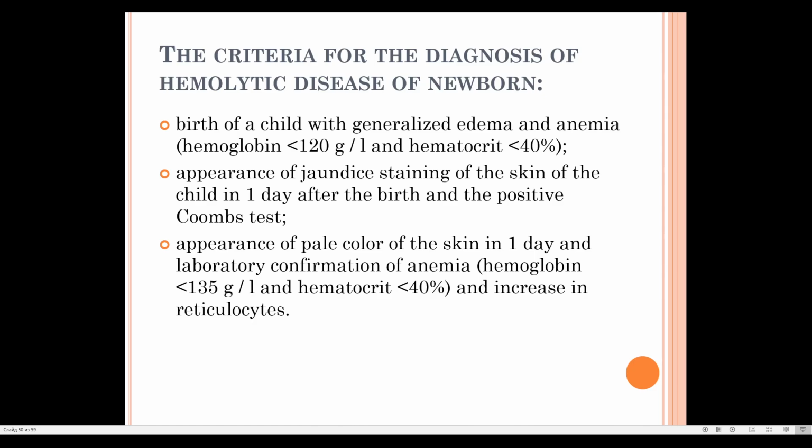Next, appearance of jaundice staining of the skin of the child on the first day after birth and a positive Coombs test. And last, appearance of pale skin color on the first day and laboratory confirmation of anemia with hemoglobin below 135 grams per liter and hematocrit below 40% and an increase in reticulocytes.